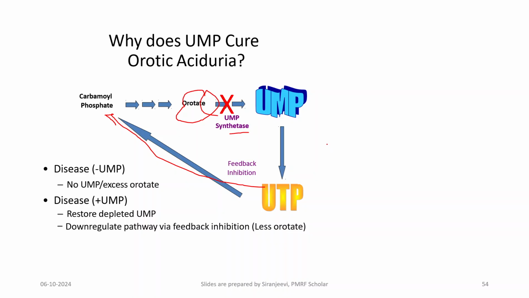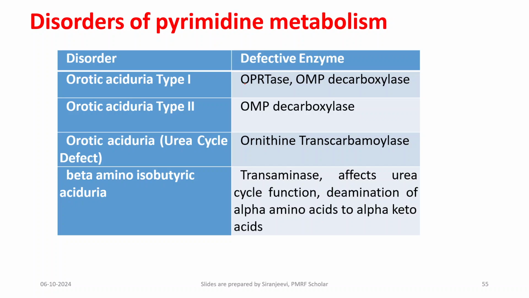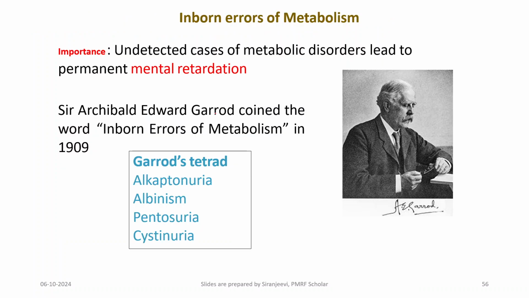That's why UMP is given as a drug for orotic aciduria. There are different orotic acidurias, type 1 and type 2, and then the urea cycle defect or beta-aminoisobutyric aciduria. You can go back to the slides and check what the different disorders related to pyrimidine metabolism are.